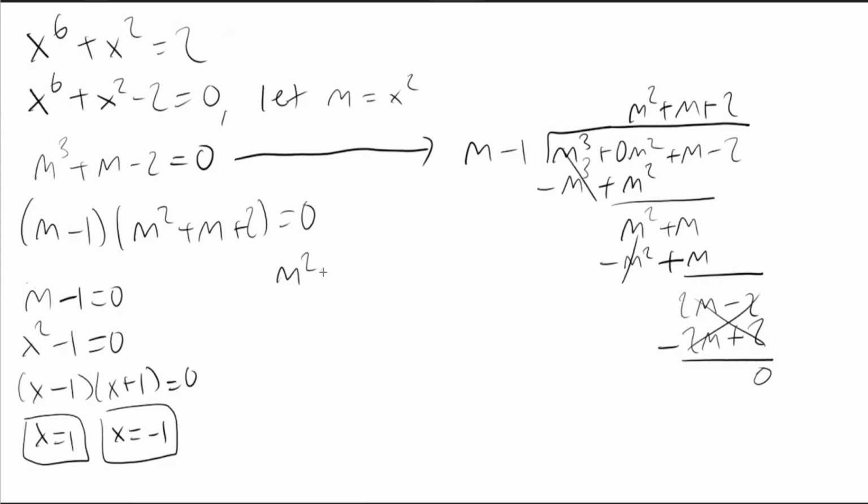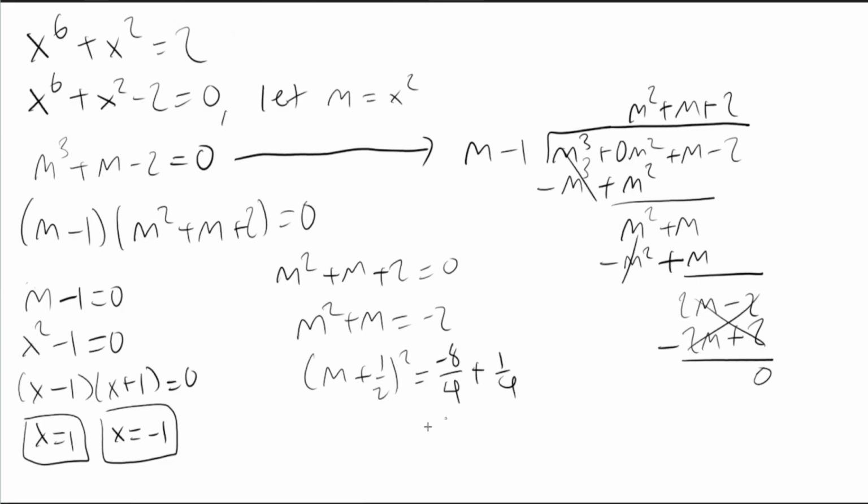Now we'll set m squared plus m plus 2 equals 0. So we'll complete the square here. m squared plus m equals negative 2. m plus 1/2 squared equals negative 8 over 4 plus 1/4.